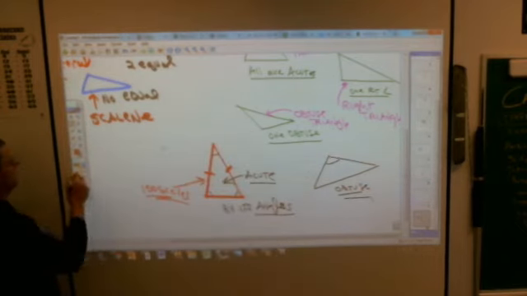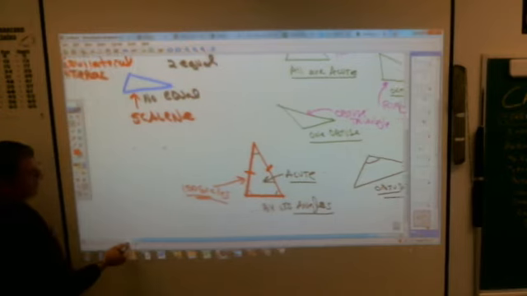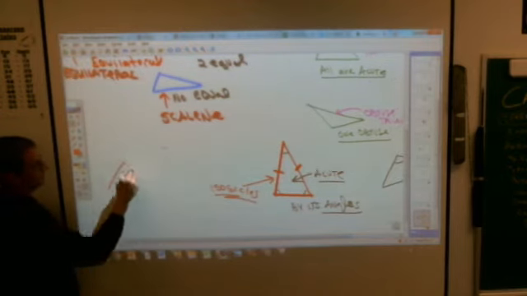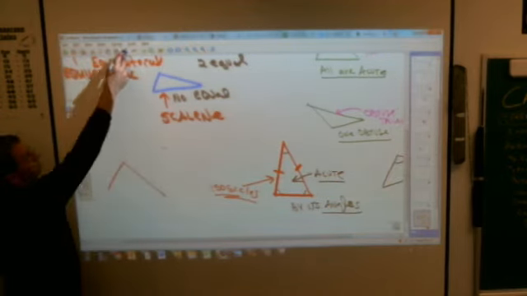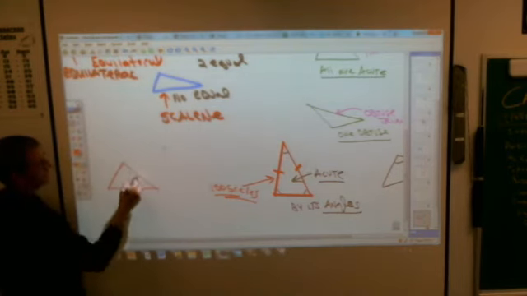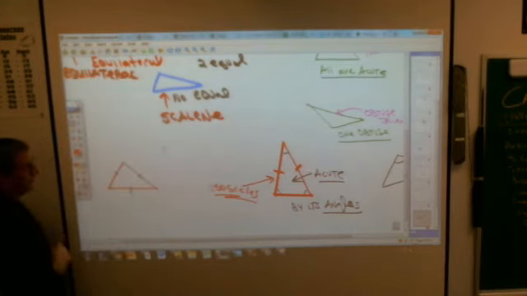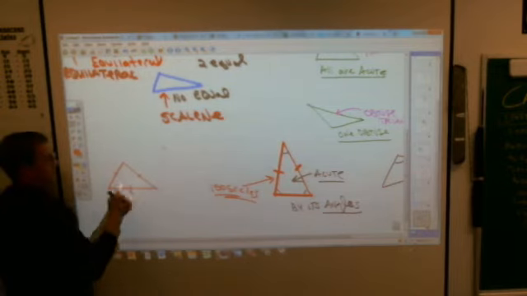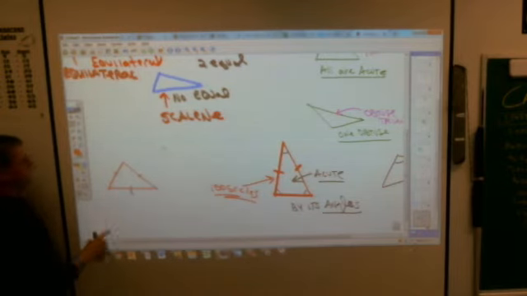Alright, how about this triangle? Let's say I've got this triangle here. And I said, classify this triangle based on its angles.